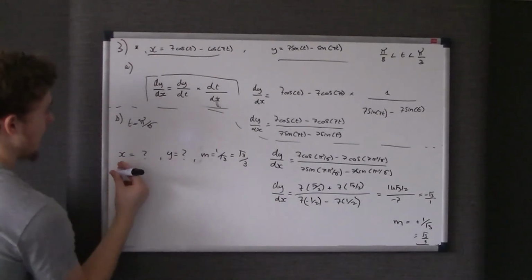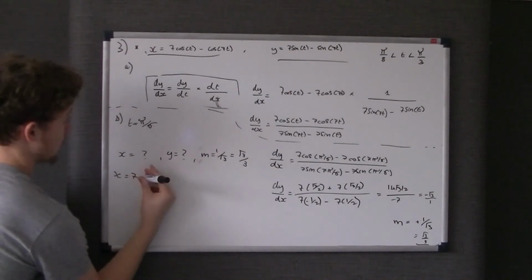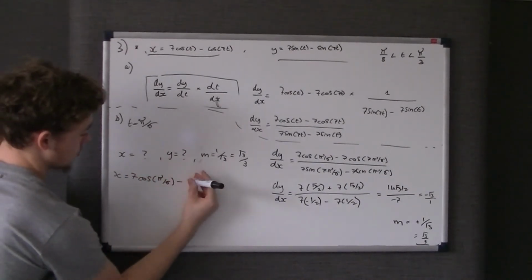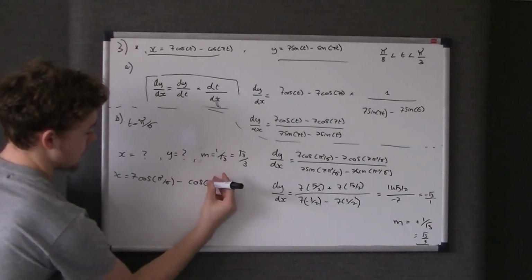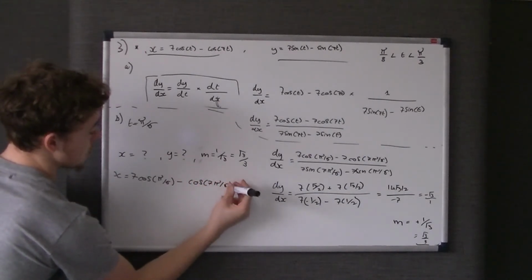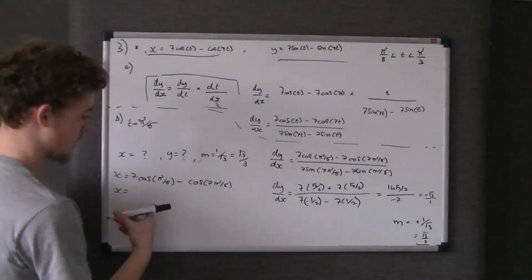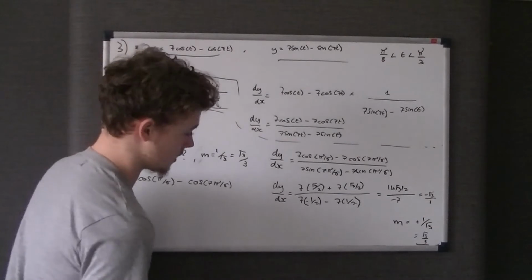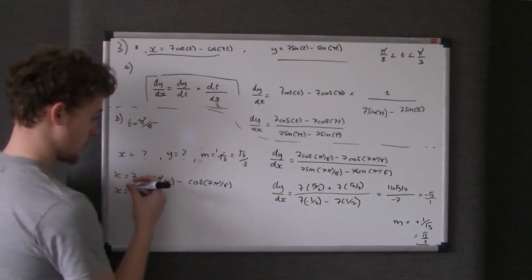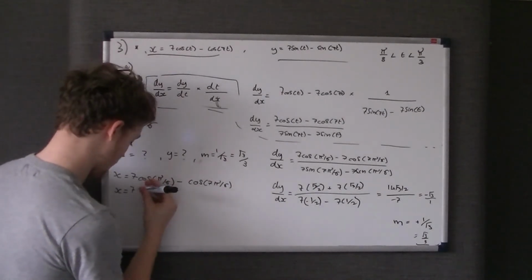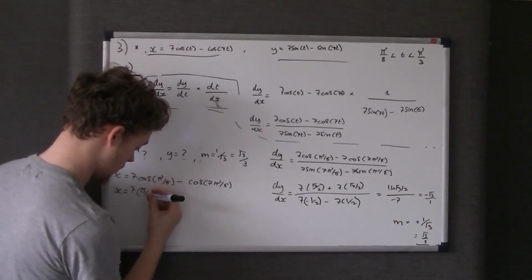Okay, so x equals 7 cos t, which is pi on 6. Take cos of 7t, which is cos of 7 pi on 6. So the value for x would be, as I said, cos of pi on 6 is root 3 on 2, so it's 7 times root 3 on 2, so it's 7 root 3 on 2.